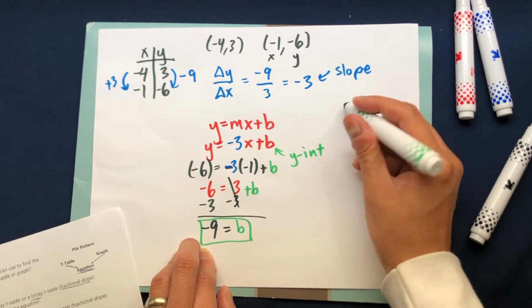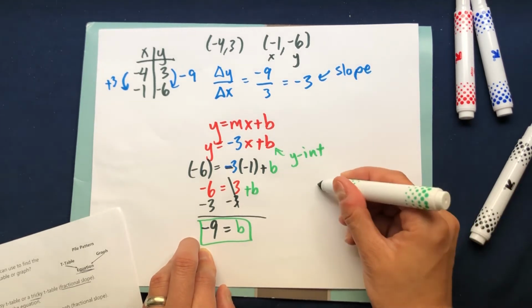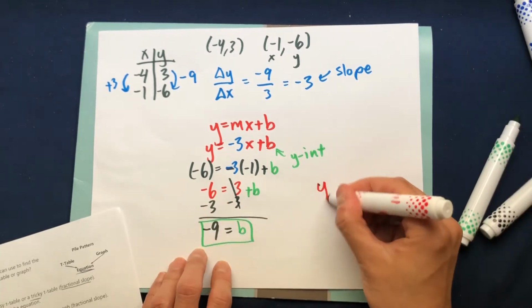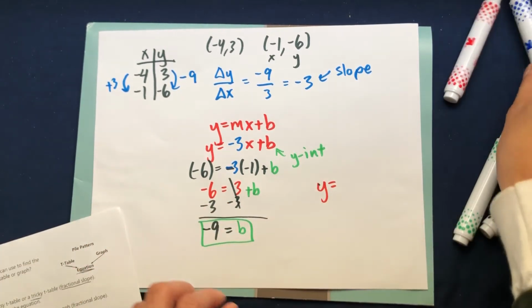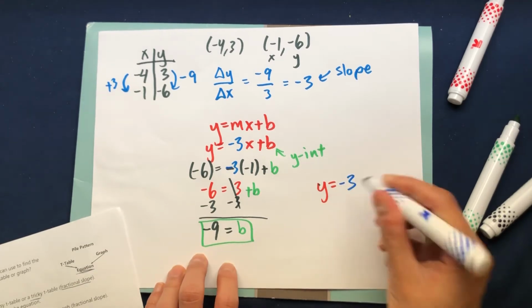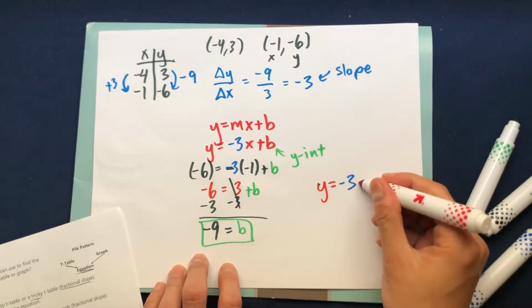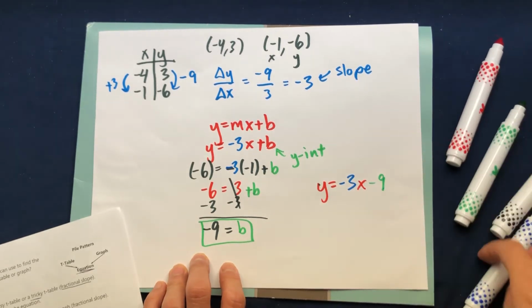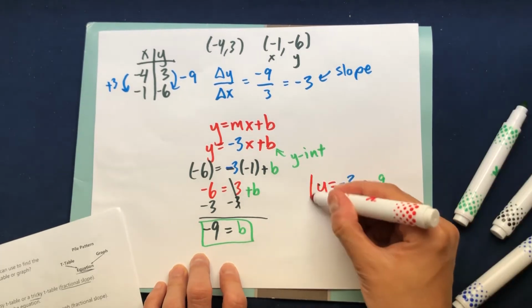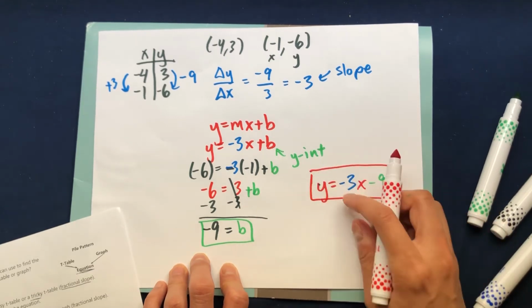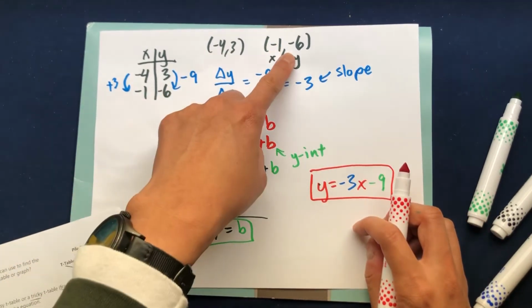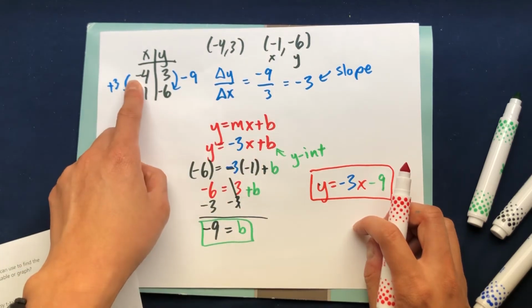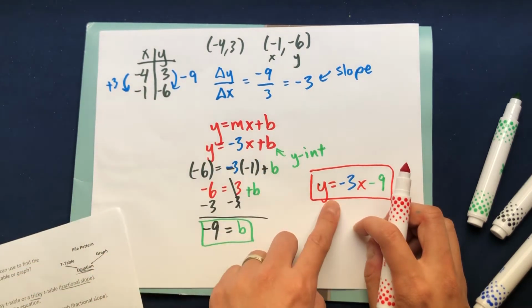Our final equation is going to be y equals -3x minus 9. This is how we translated 2 coordinates from a t-table to an equation.